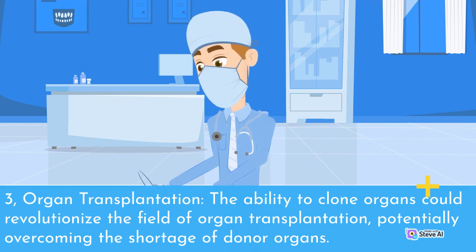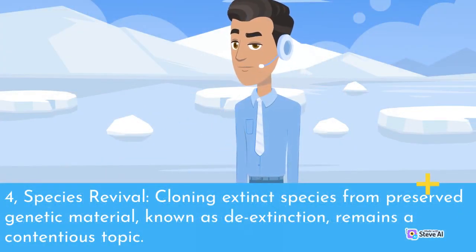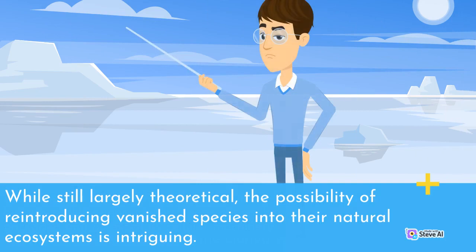The ability to clone organs could revolutionize the field of organ transplantation, potentially overcoming the shortage of donor organs. 4. Species revival. Cloning extinct species from preserved genetic material, known as de-extinction, remains a contentious topic. While still largely theoretical, the possibility of reintroducing vanished species into their natural ecosystems is intriguing.